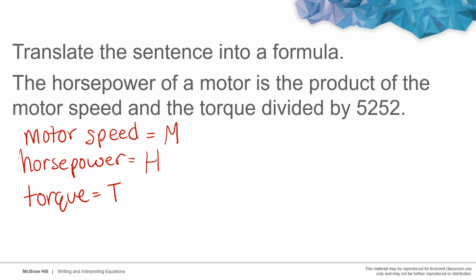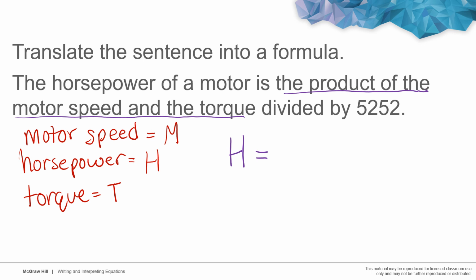All right, so writing our equation: the horsepower of the motor, so we're first starting with H, because we're just going to write as we read along, is, equals. All right, next part is the product of the motor speed and the torque. So what does product mean? Multiplication.